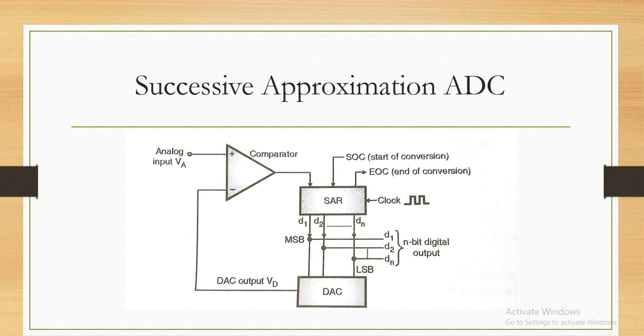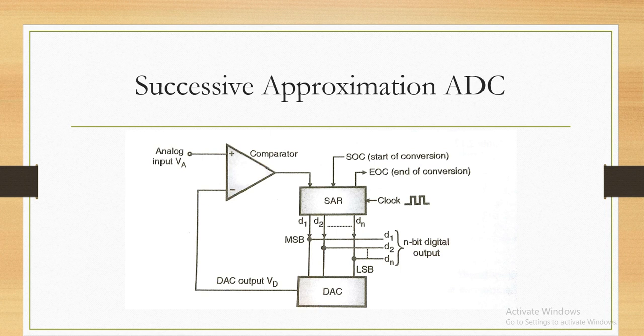Now if you see this successive approximation type of ADC, it is one of the most widely and popularly used ADC techniques. This technique uses an efficient code search strategy to complete the n-bit conversion, which is done in just n clock periods.